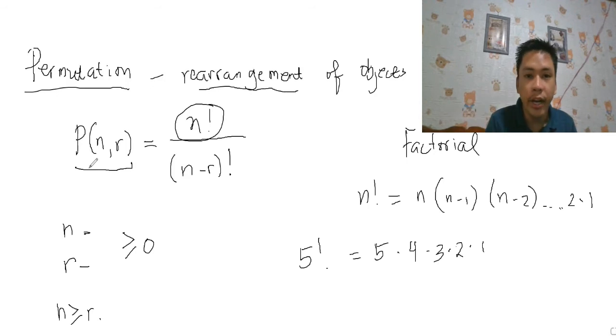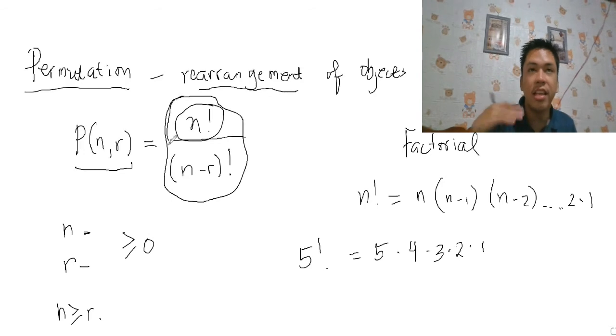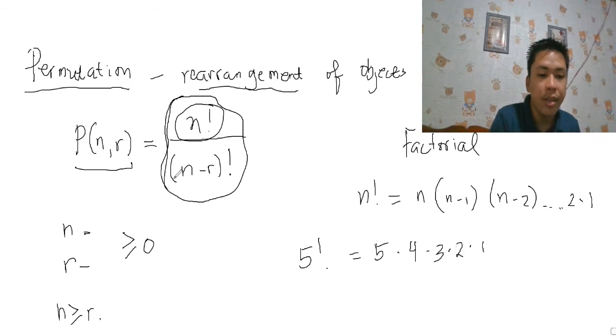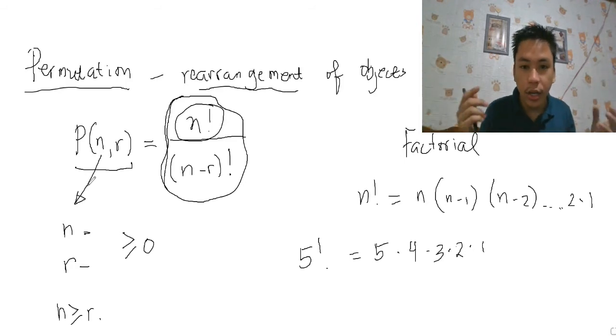I don't know how other books write their symbols, but basically this is an undisputed formula: n factorial over n minus r, quantity factorial. As long as you know that n is the cardinality of the set you are aiming to permute, and r is the size of the permutation. That's the important thing there.